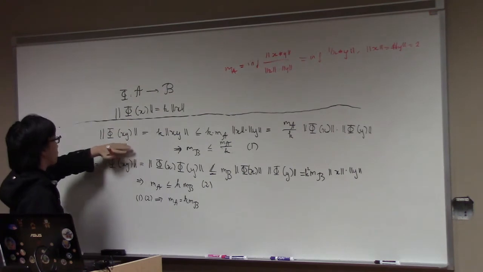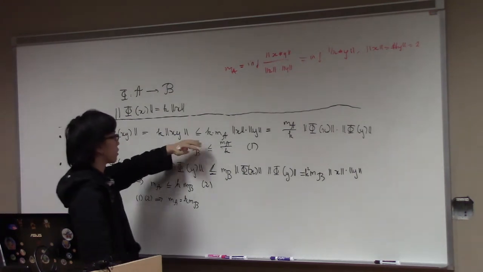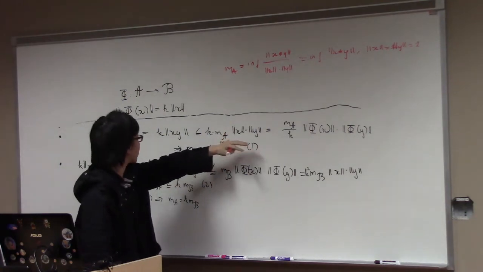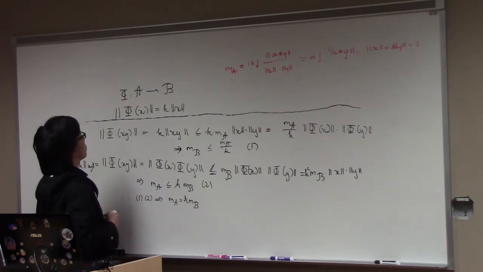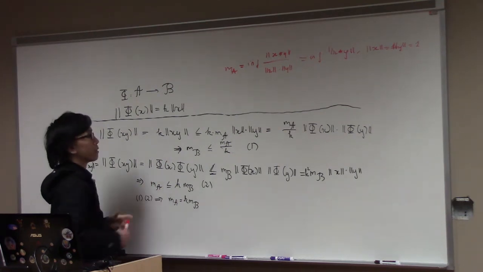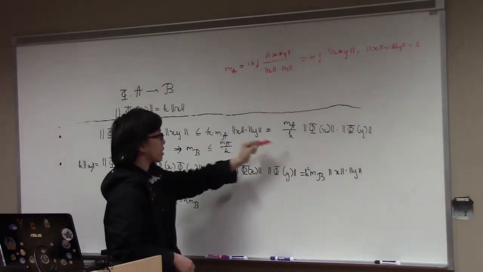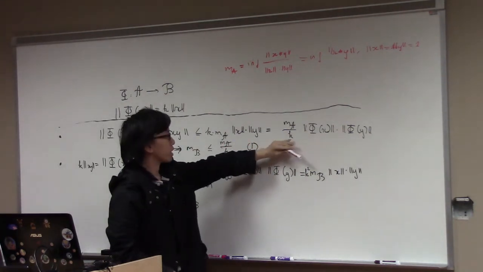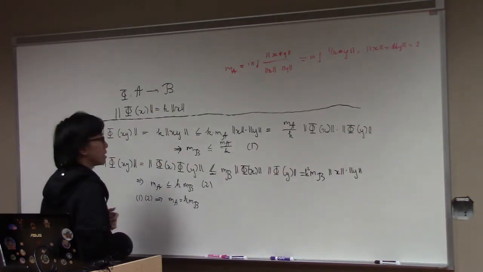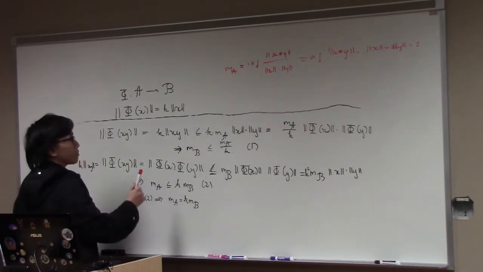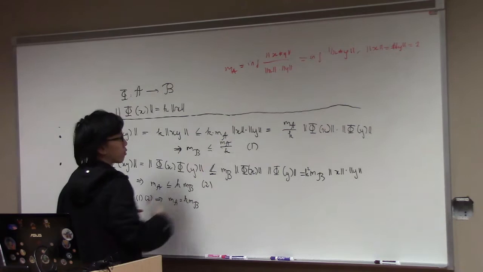You get phi(xy) equal to k‖xy‖, which is less than or equal to M_A times ‖x‖ times ‖y‖, which is the definition of M_A, because xy is in A. And then we translate back to phi, so we get this M_A over k times ‖phi(x)‖ times ‖phi(y)‖. So by the definition of M_B as the smallest one, we get this inequality.